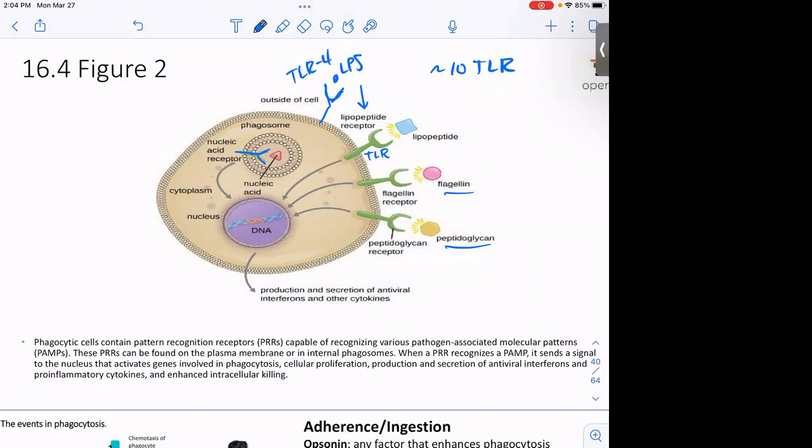Okay. And so once the toll-like receptors recognize those PAMPs, it sends signals to the nucleus to start, again, calling in other aspects of immunity like interferon production, and sends cytokine signals to other cells to act on these pathogens.